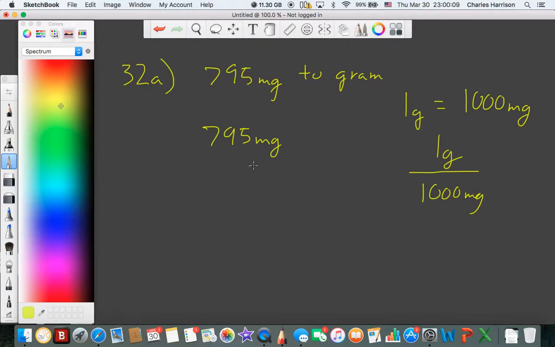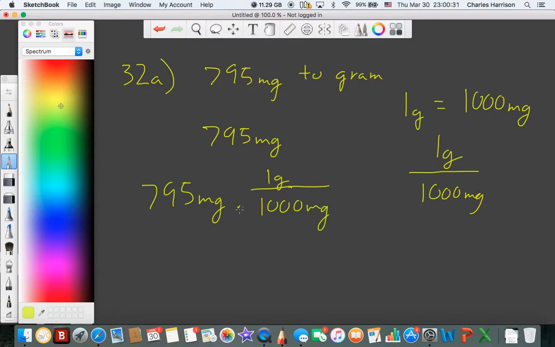So we can take this and we can times it by this. So 795 milligrams times 1 gram over 1,000 milligrams.